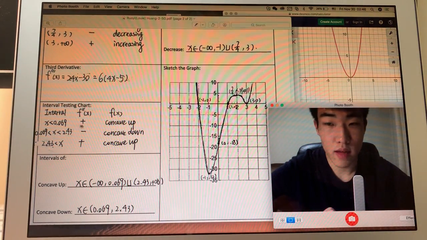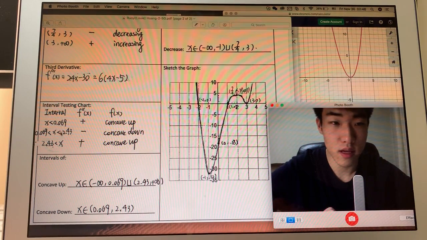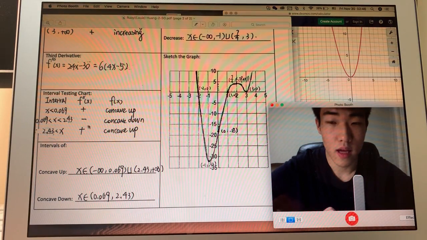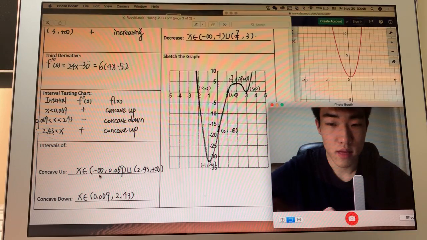We can get the result easily by subbing in some testing numbers based on the intervals here. And we get the result. So when x is smaller than 0.069, it's concave up. And the following is listed, and the result is here.